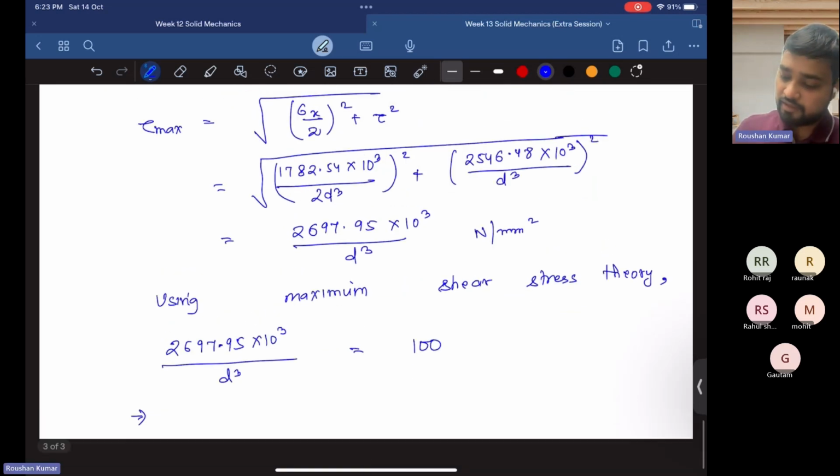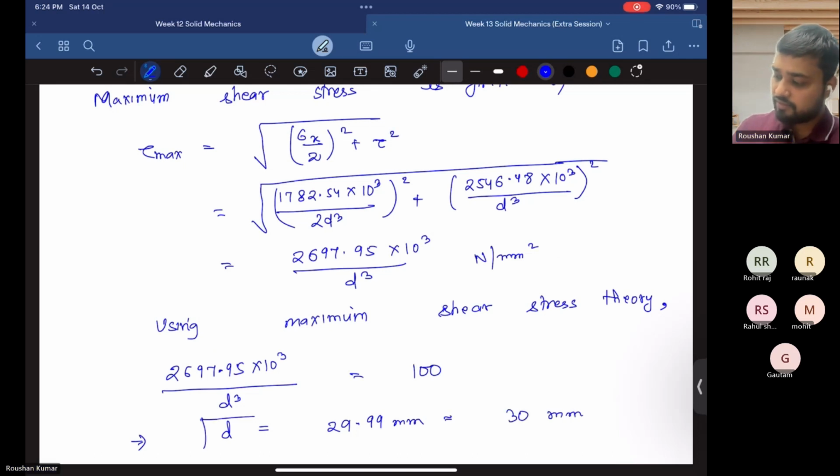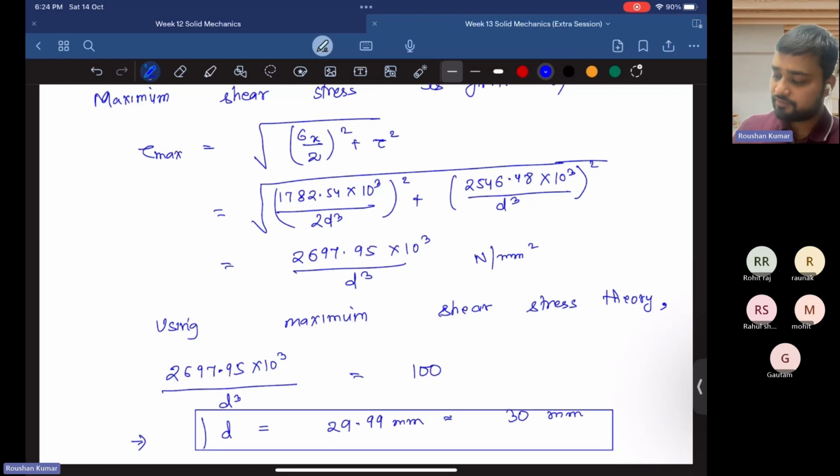So the maximum diameter that can be built, if you calculate this, you will get d around 29.99 mm, which is approximately 30 mm. So this is the final diameter for this question.